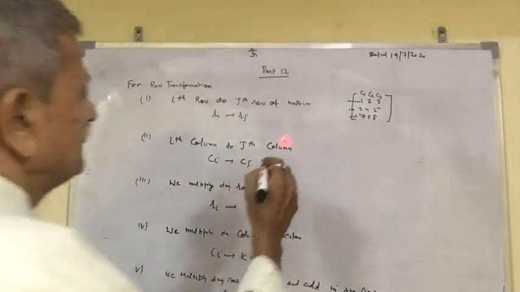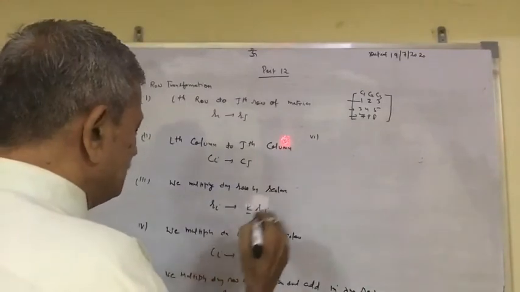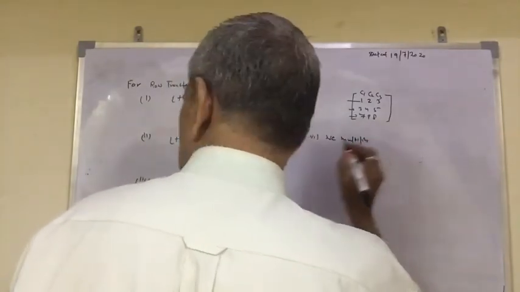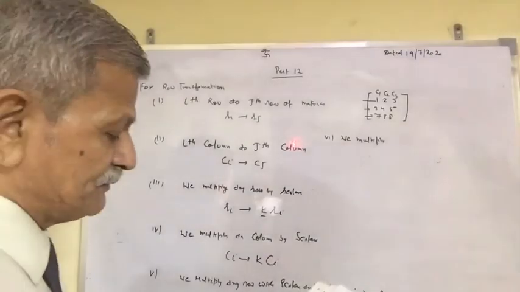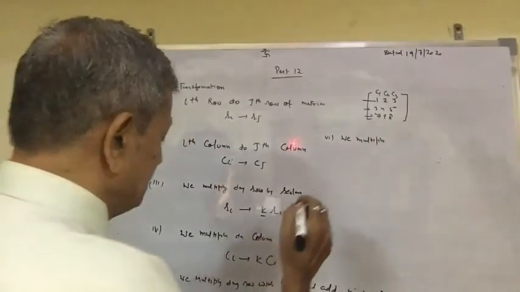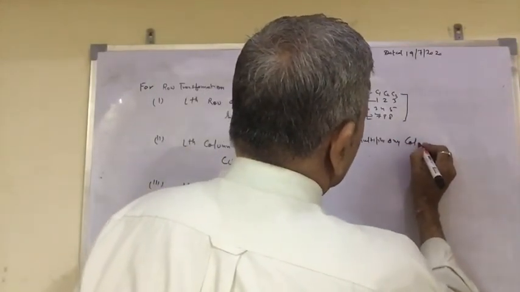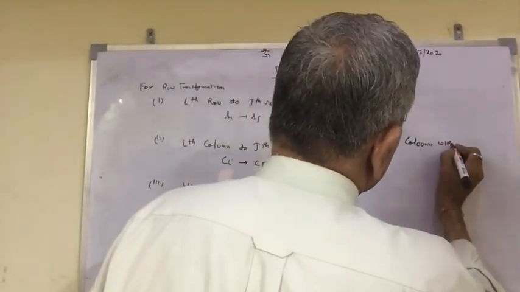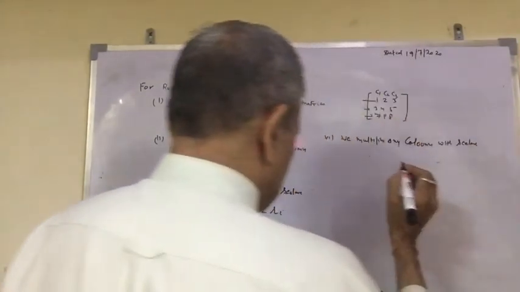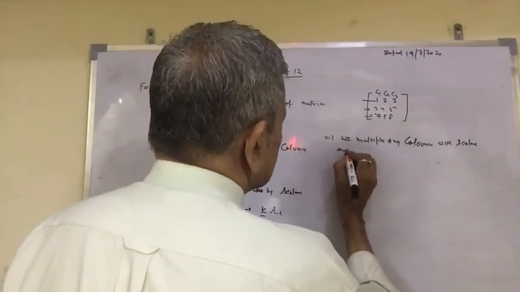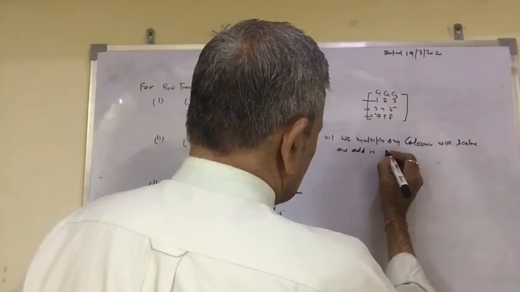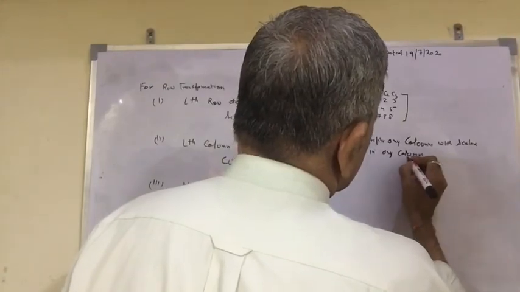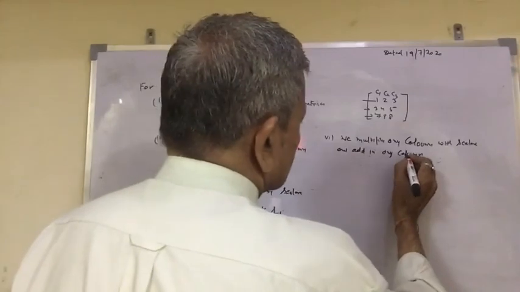And the last, rule number 6, is again that we multiply any column with a scalar and add it into any column.